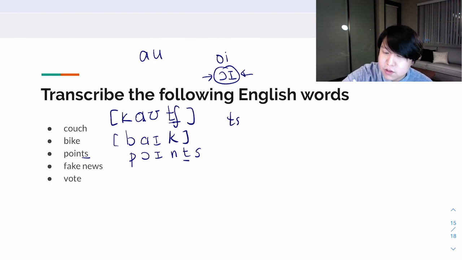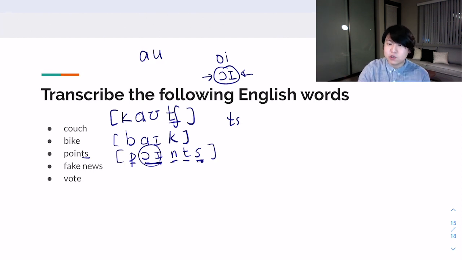It's a combination of two sounds. So here we have 5 sounds, one of them a diphthong: P, oi, n, t, s. That's the correct transcription for points. T and S is not a single consonant, it's a combination of two.